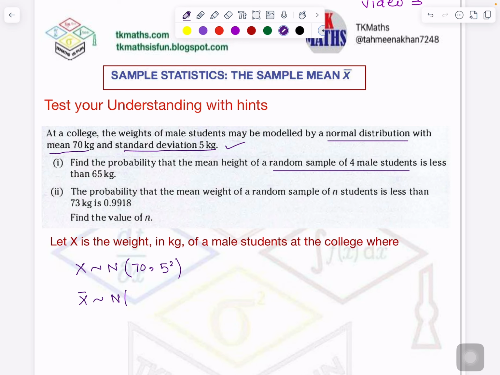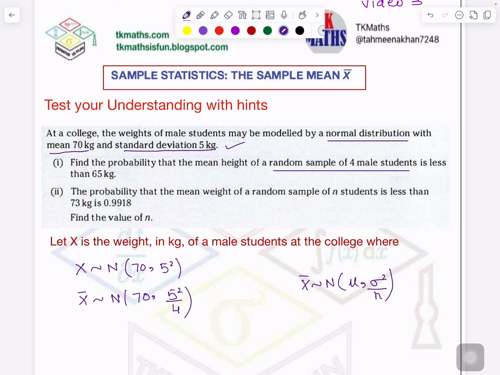Quickly you can tell me. Yes, you are right. This will be same, but what about the variance? Variance will be sigma square, which is 5 square over n. You are absolutely right. You have to recall this distribution of sample mean, which is mu, sigma square over n.